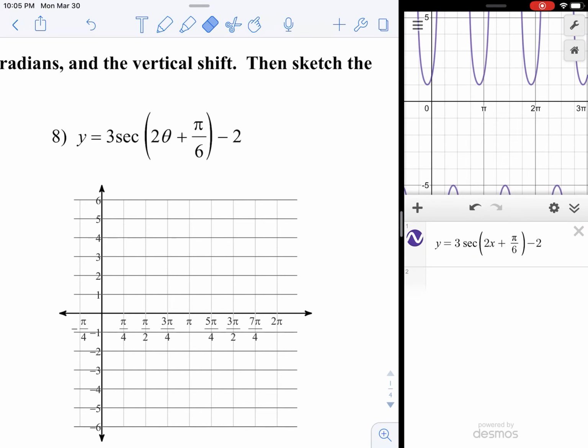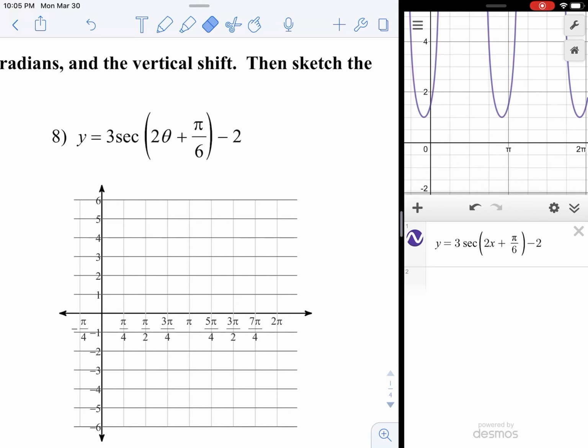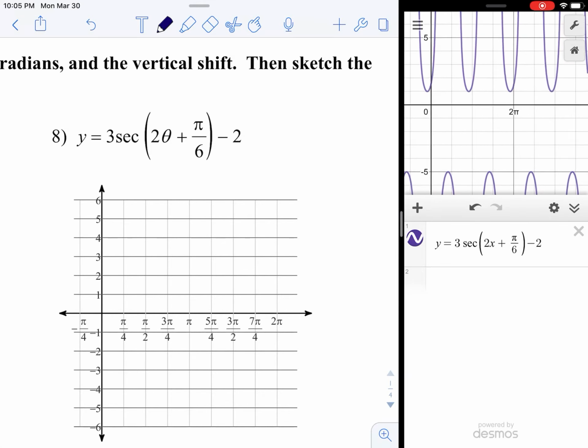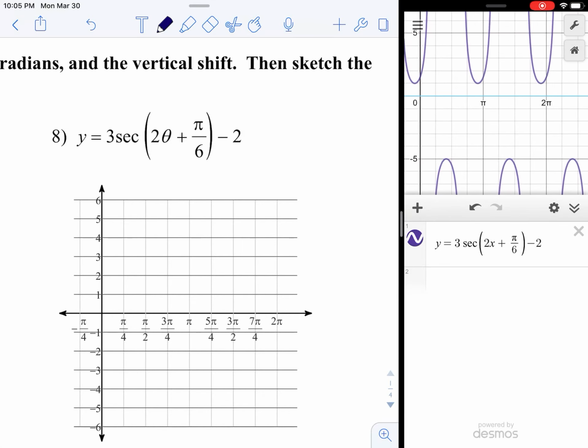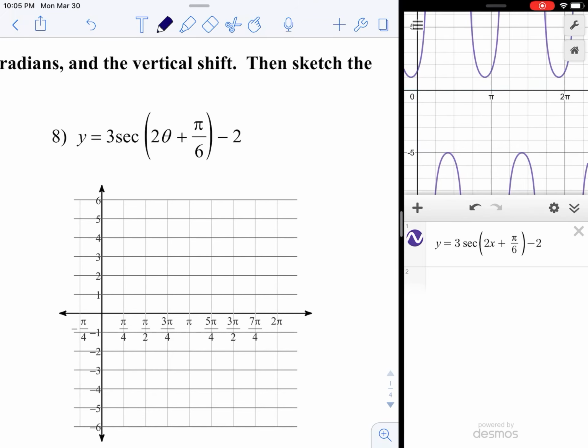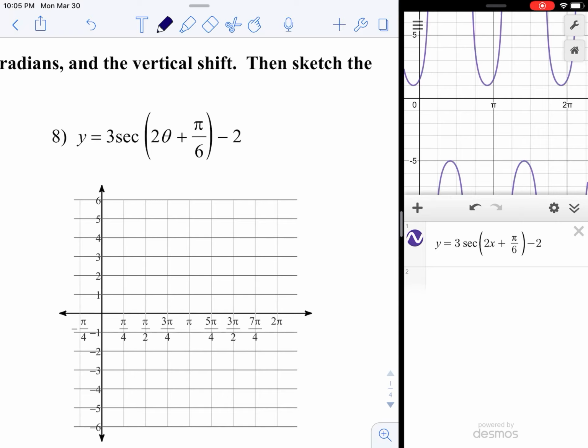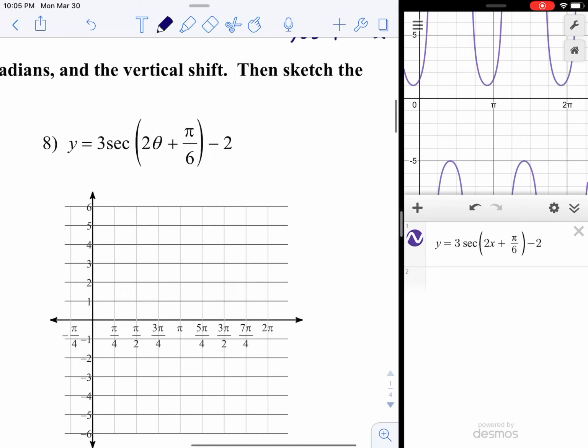I'm going to kind of stretch this out from 0 to 2 pi, so it kind of matches the graph paper that we have, and try and get the height there to something that makes sense. So let's see. There we go. So that is a unique graph. Now, what is up with this?